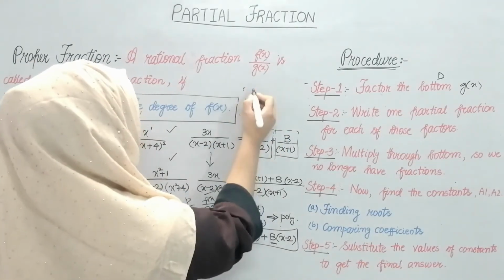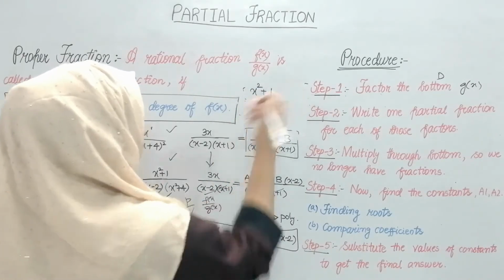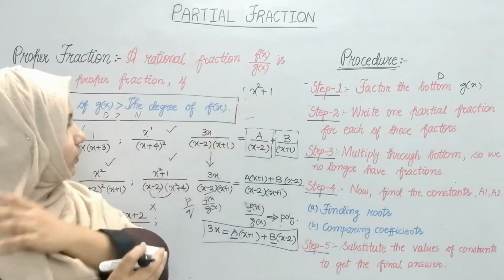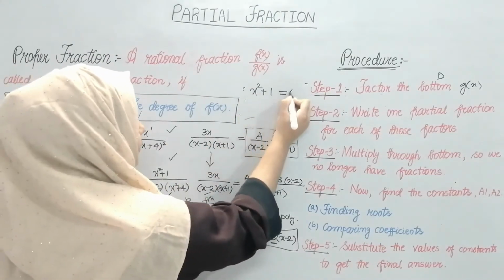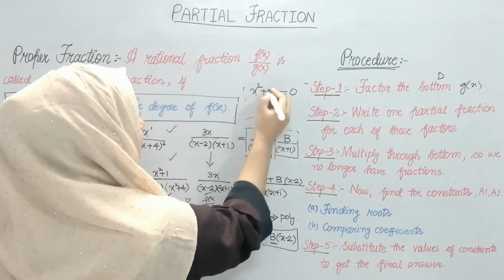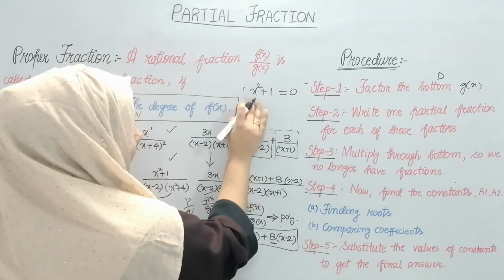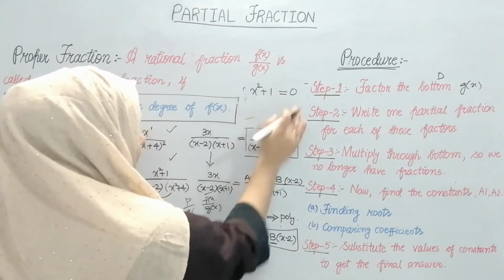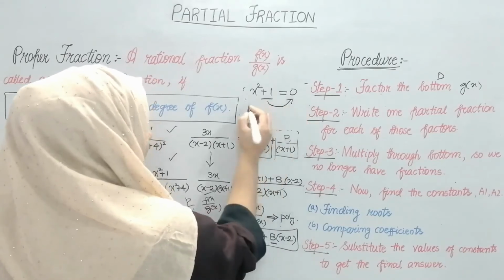See here. Suppose this is my factor, x square plus 1. I'll equate this factor to 0. Next, I'll send this 1 to the other side. 1 is being added here, because I want only the value of x. So first I'll send this constant to the other side. Here it is adding, it goes to the other side and subtracts, right?